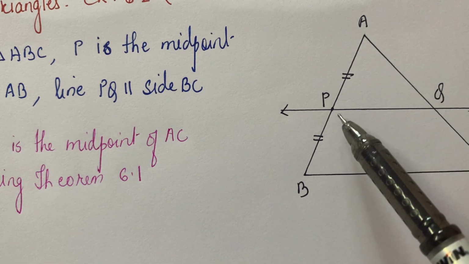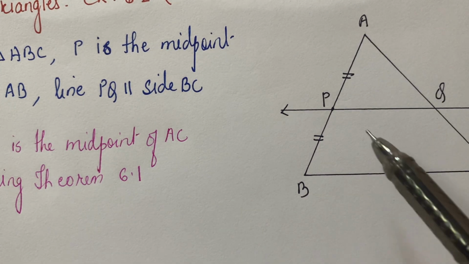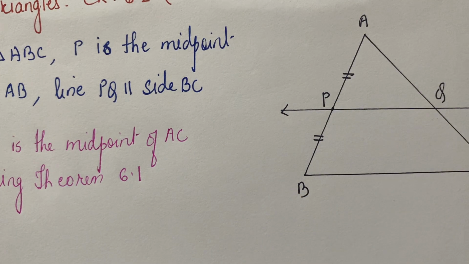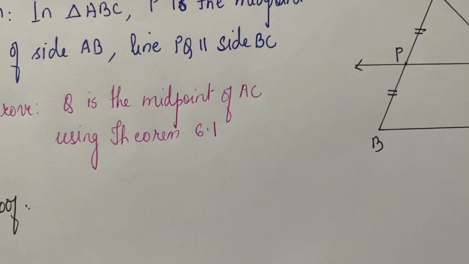This line will divide AB and AC in the same ratio. Same ratio means AP upon PB will be equal to AQ upon QC. This is your basic proportionality theorem. We have to make use of this theorem and prove this question.